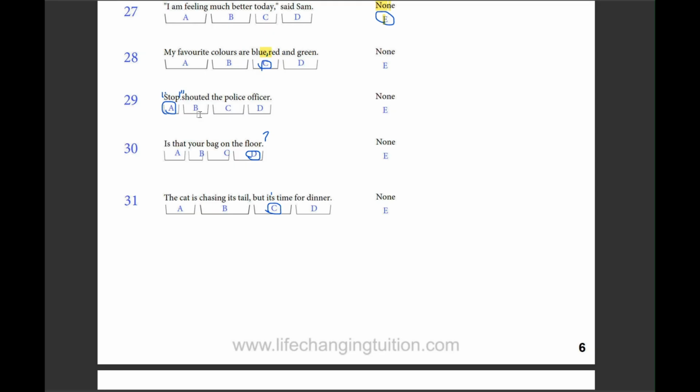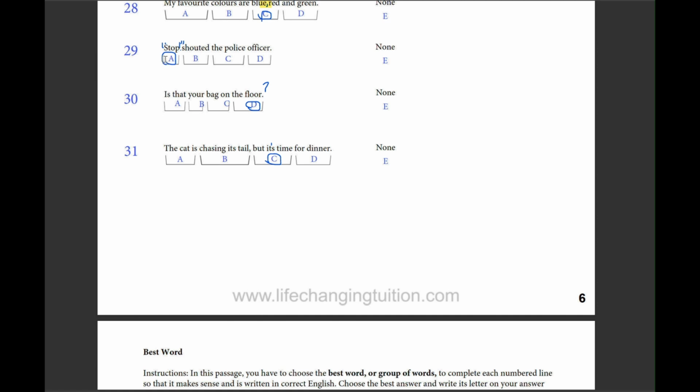Question 29. Punctuation. The sentence for this question is, stop, shouted the police officer. Let's review our choices. A, stop; B, shouted; C, the police; D, officer; E, none. Thinking about why some of these might be incorrect, we know it's not E because this sentence is actually missing very important speech marks, also known as quotation marks, and it's also missing an exclamation mark.